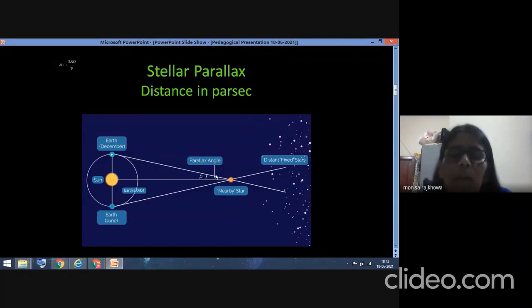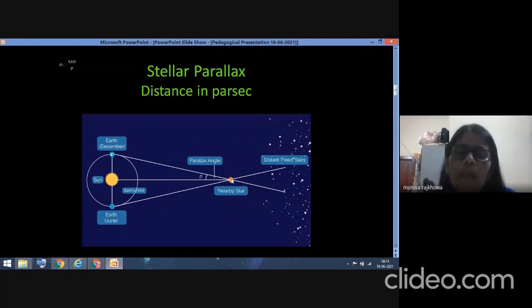And if the angle subtended is 1 arc second, then the distance is defined as 1 parsec. This is one of the most accurate geometrical methods for finding the distance of nearby stars, where instead of light year, we use the distance unit parsec.